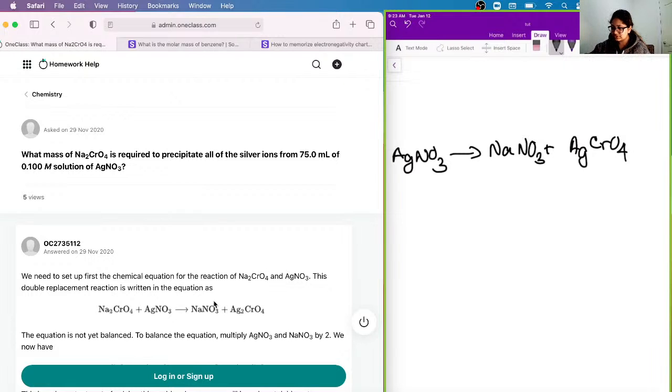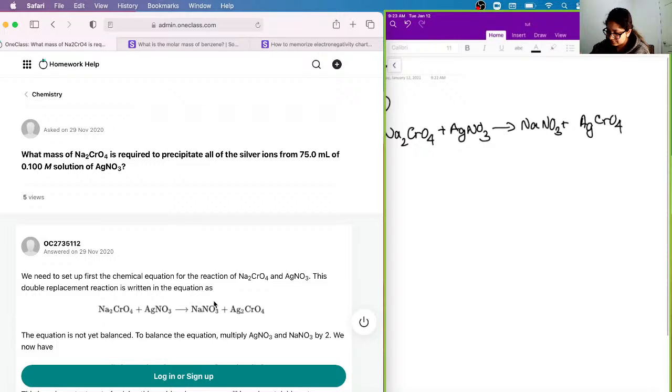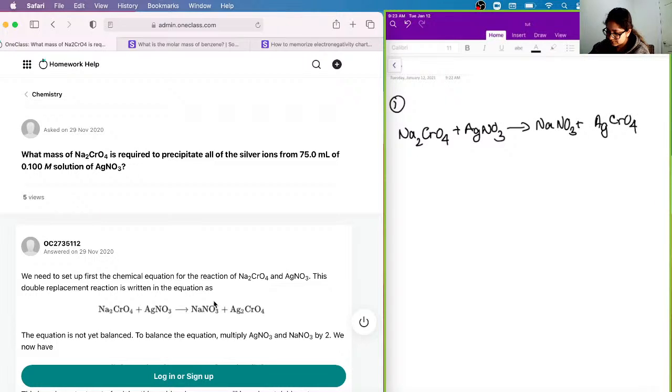Right? And so you can see this equation is not balanced yet. We have two sodium on this end, so we need two sodiums on this end. And so in this case, since we have two sodiums, that means we also have two nitrates, and so we just put a 2 here, and we can put a 2 down here. Okay, and so now this is balanced.